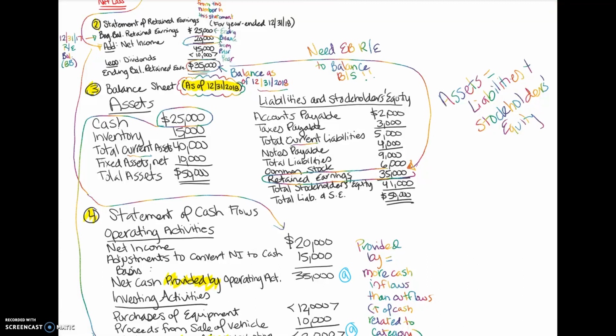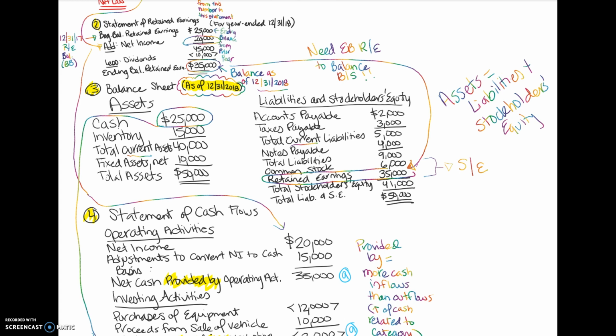We're going to calculate out our total assets, 50,000, and we're going to calculate out our total liabilities, 9,000, and add in our owner's equity amounts, or stockholders' equity, if you will. And notice here that retained earnings is the ending balance of retained earnings.